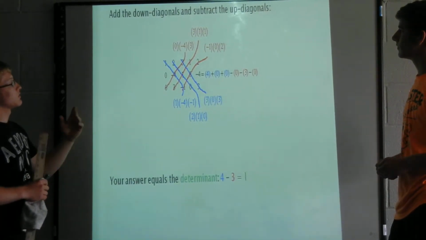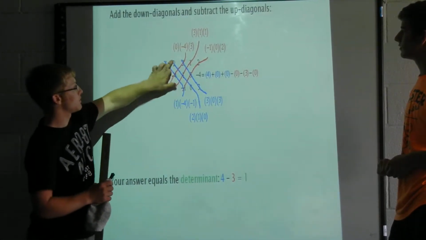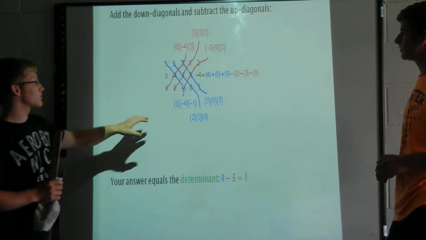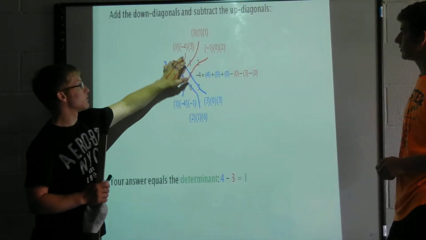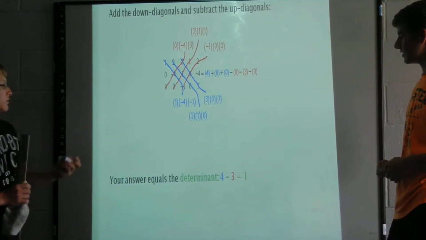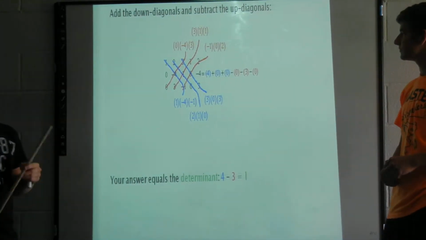Then you're going to subtract the two. The blue diagonals will multiply to give you 4, and the red diagonals will multiply to give you 3. And 4 minus 3 is obviously going to be 1, which is your determinant in this 3x3 matrix.